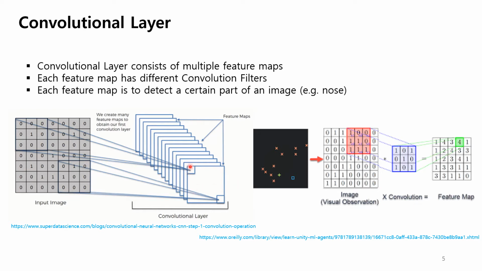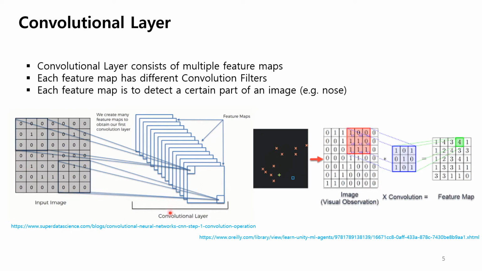So we have many feature maps in a convolution layer. The way we look at a feature map is the following. In CNN, you can assume one feature map is about finding a certain pattern in the data.